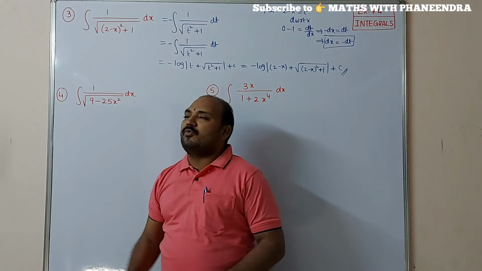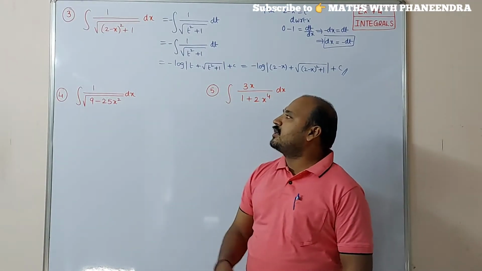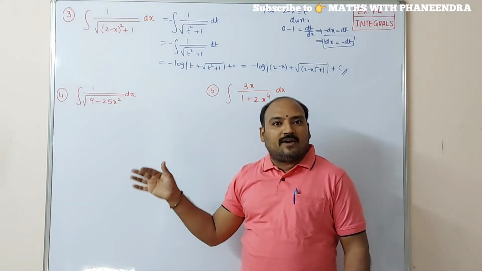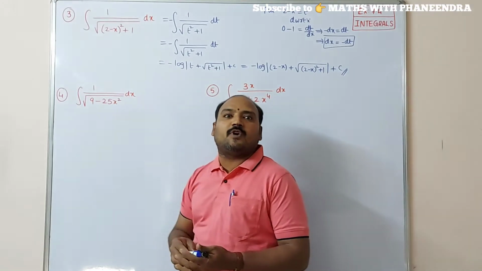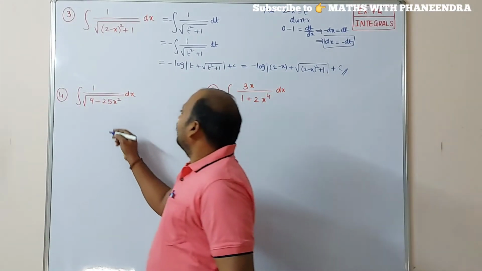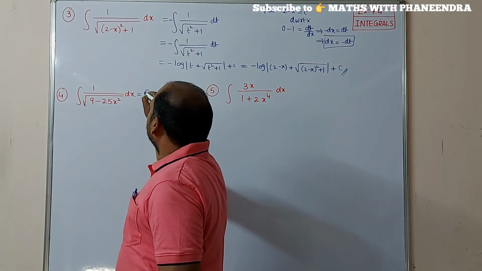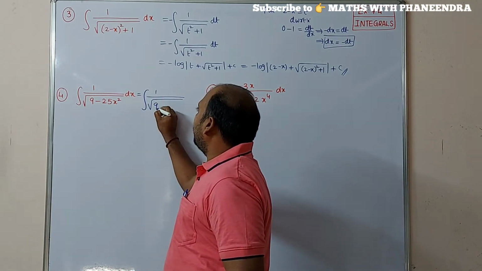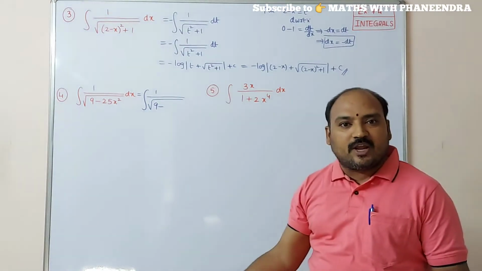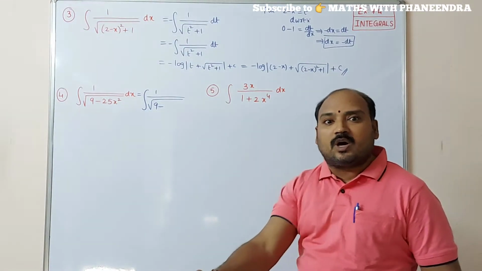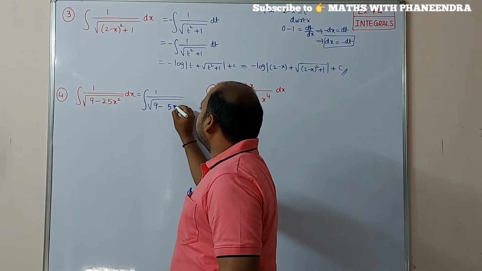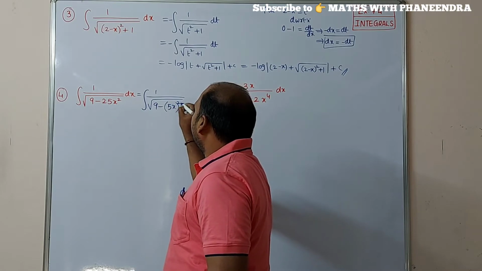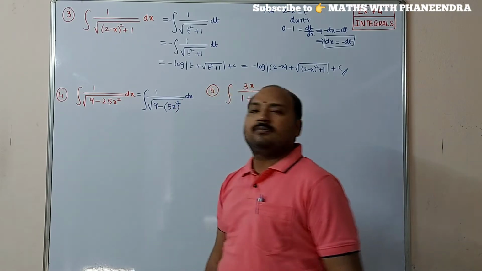In this question number 4, the given integral 1 by square root of 9 minus 25x square can be written as 1 by square root of 9 minus (5x) whole square into dx.